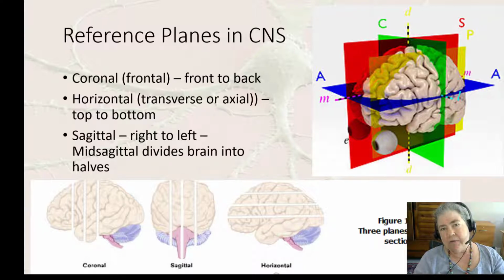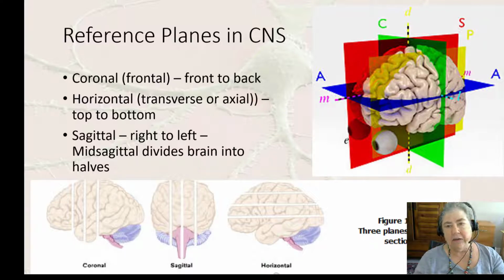We knew about these planes or defined these planes in the past when we were talking about gross anatomy, basically how you took a knife and cut the brain into sections. These days, we have virtual sections in our imaging using radiology, using x-rays, and using magnetic resonance.